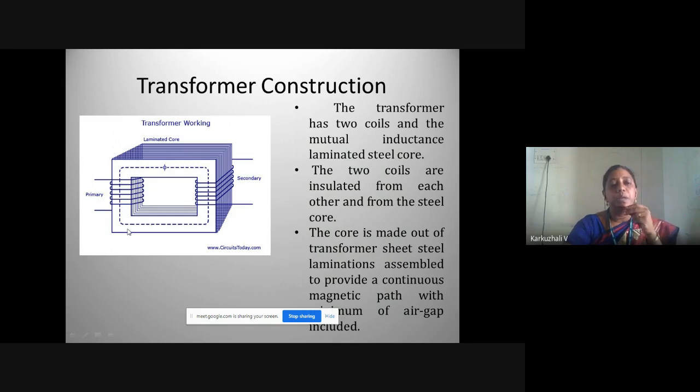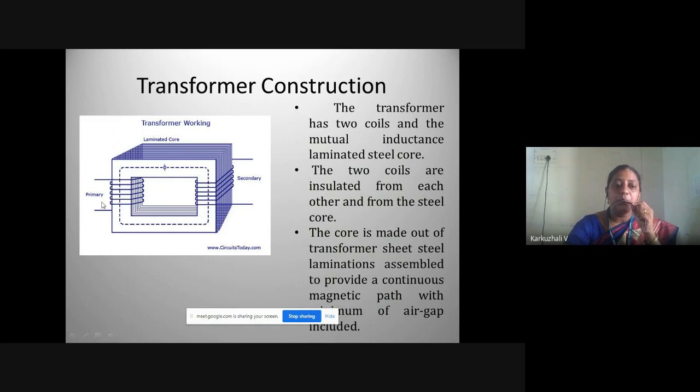The basic principle is that when a voltage is provided to the primary winding, through Faraday's law of electromagnetic induction, EMF is induced in the primary winding. The resulting flux passes through the core and links with the secondary winding, and EMF is induced in the secondary winding.